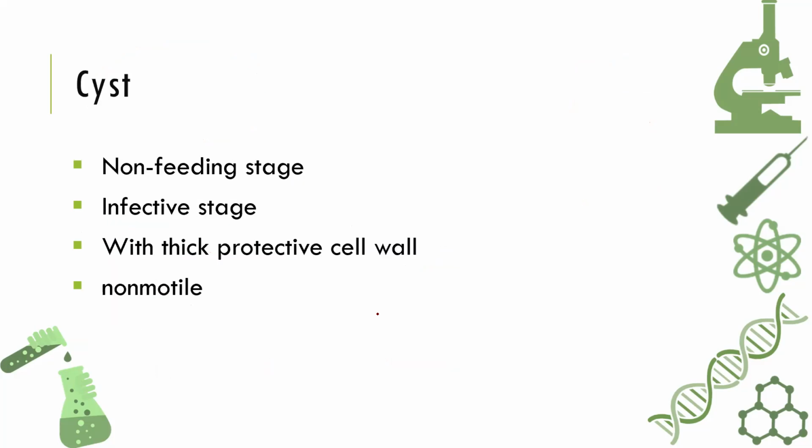Aside from trophozoite, we have what we call the cyst. To make it simple, cyst is the other form of trophozoite. If trophozoite is the feeding stage and is sensitive in the external environment, cyst is resistant in the outside environment because it has a thick protective cell wall.